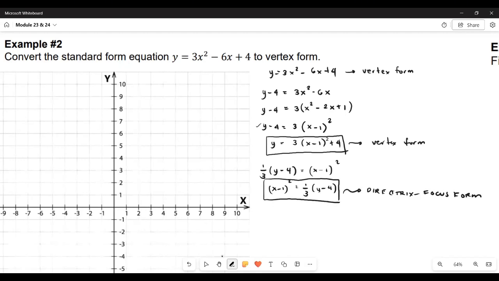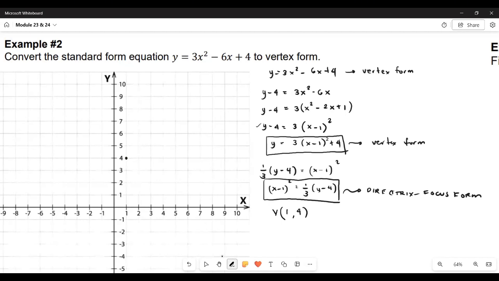So, since meron na tayo ditong coordinate plane, sige, i-graph na rin natin. Kunin natin yung ating vertex. So, gamitin na lang natin yung directrix focus form. So, ang h natin, or the x value of the vertex, is 1. And then, ang ating k value is positive 4. Okay, so dito natin makikita ang ating vertex ng ating parabola.